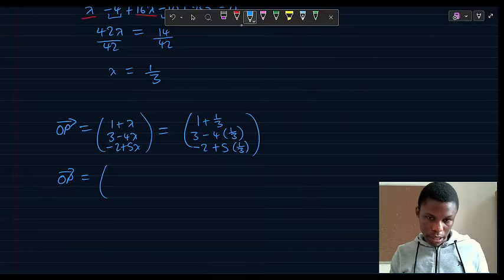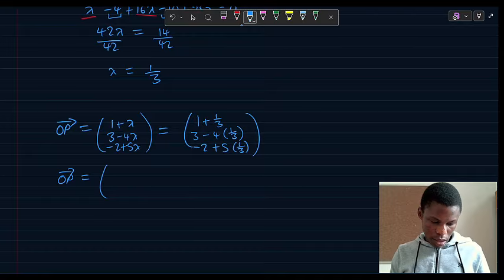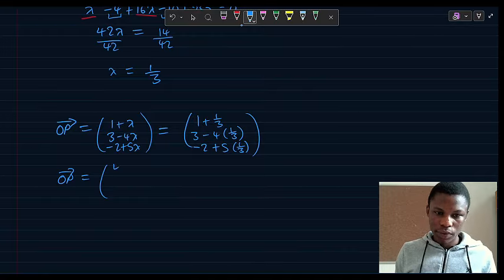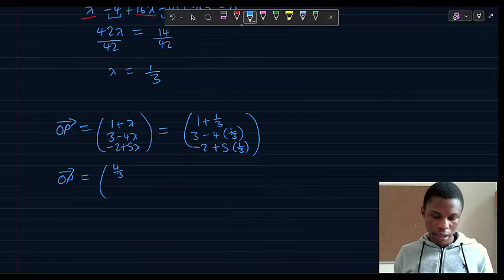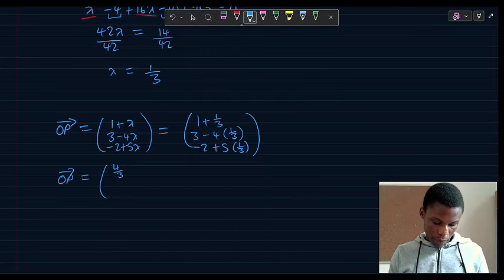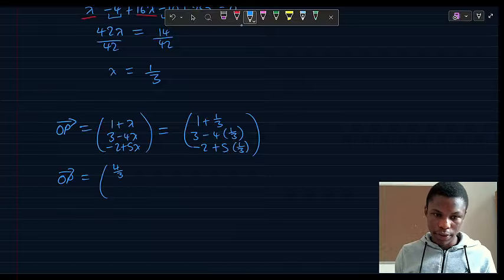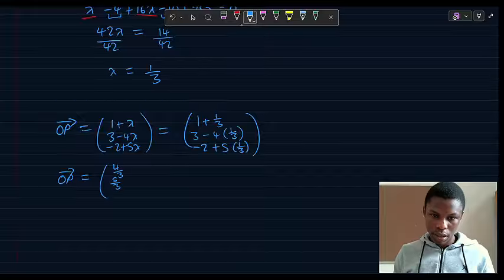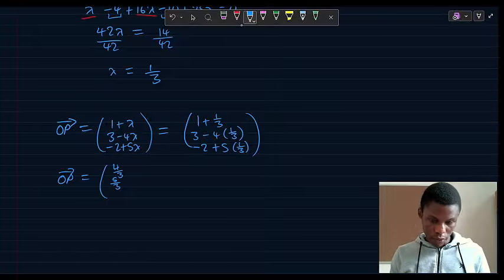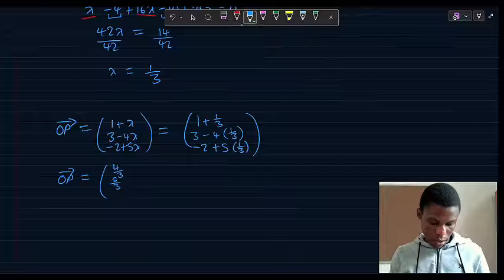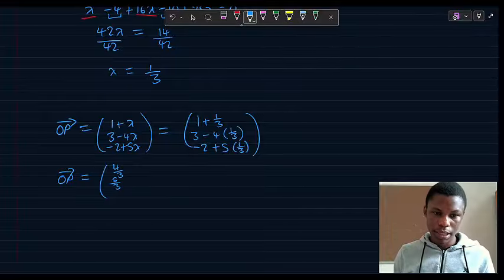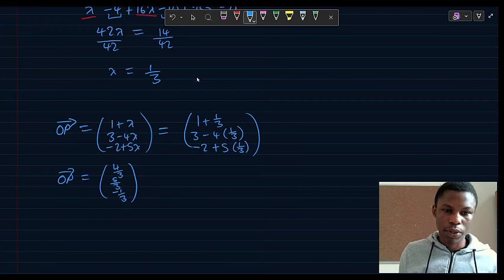1 plus a third, 4 over 3, and then 3 minus 4 times a third, that's 5 thirds, and then negative 2 plus 5 times a third, that's negative a third. And actually, let's not be rude.